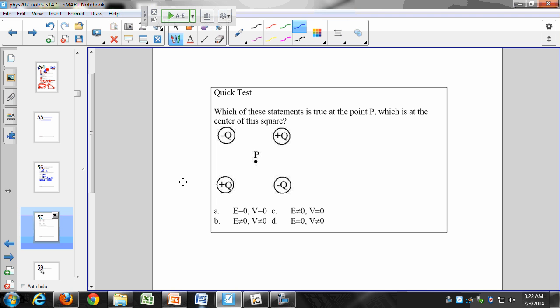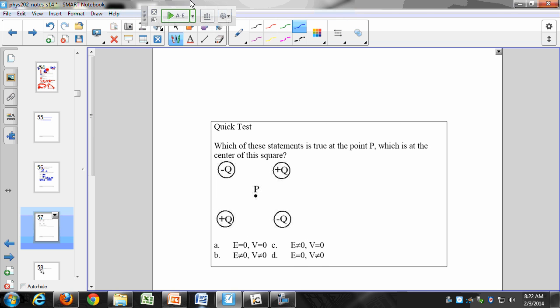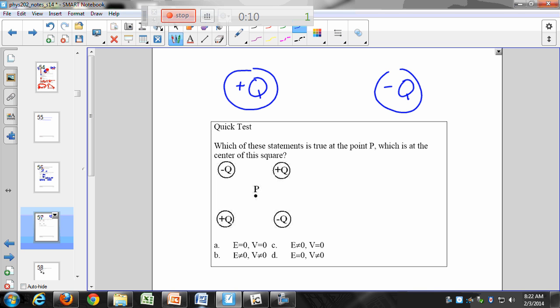So imagine that I have two charges. Say I have a plus Q charge and a negative Q charge. I know that at a given point, say this point for example, the potential due to this charge, let's call this R1, I'll call this Q1, V1 is equal to K times Q1, which is positive, over R1.